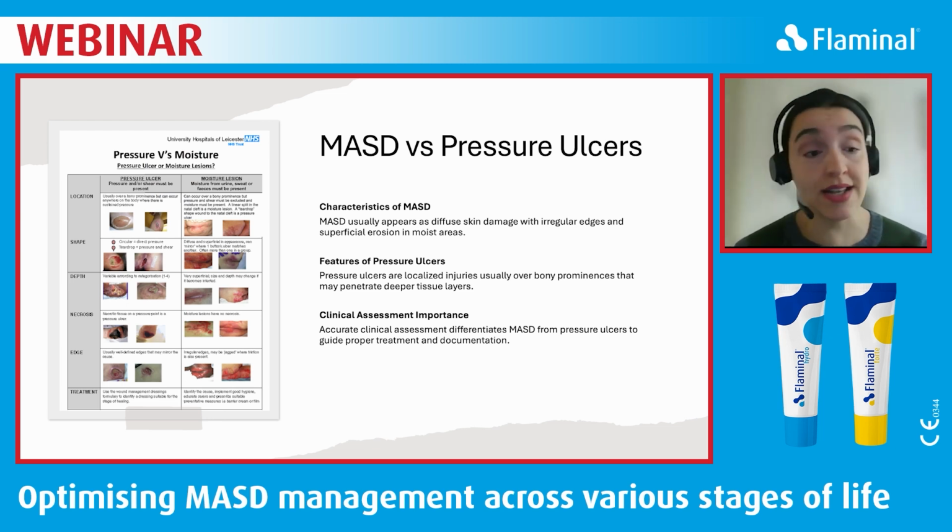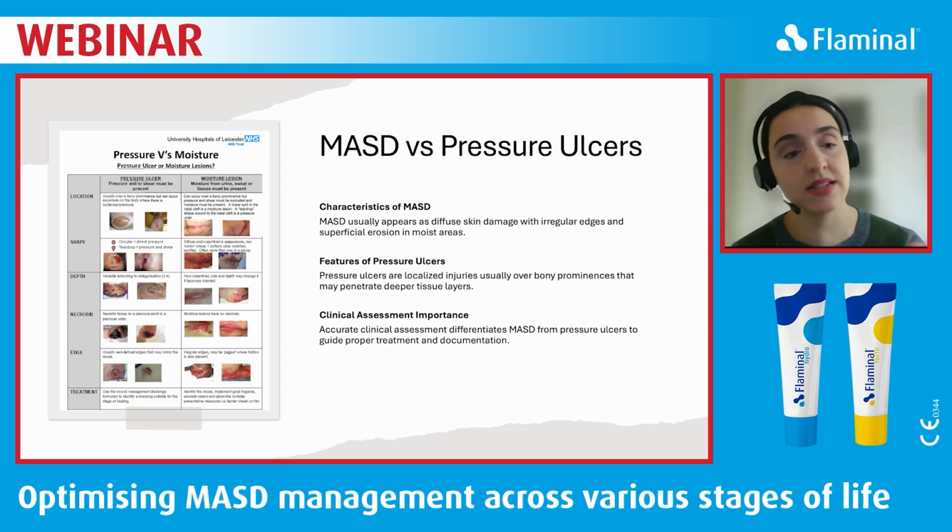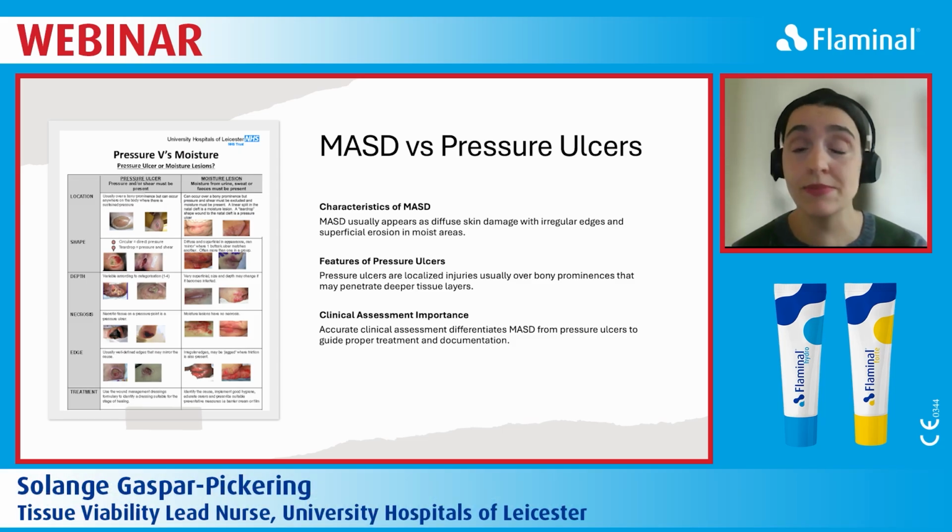And in contrast, pressure ulcers are usually localized injuries over a bony prominence. It can extend into deeper tissue layers. And this is one of the main differences. Your MASD will always be superficial.